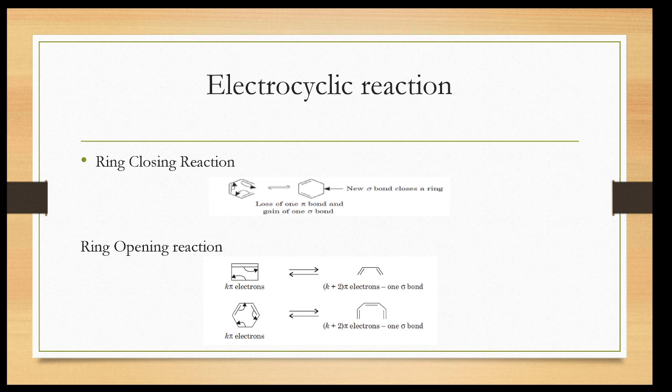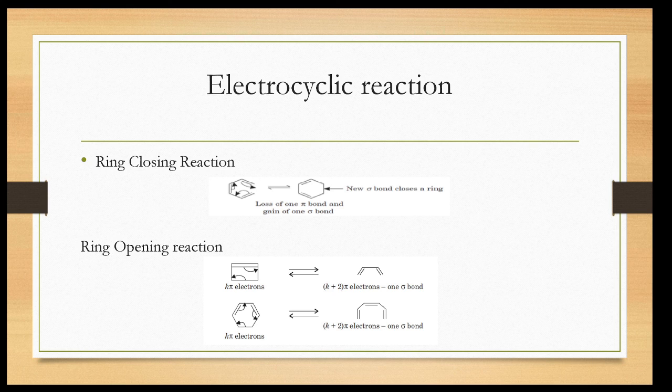The second is the disrotatory mode of cyclization. If the atomic orbital possesses mirror symmetry. Mirror symmetry means if you bisect that atomic orbital, then it is divided into its mirror image. Therefore, it is considered as M symmetry.